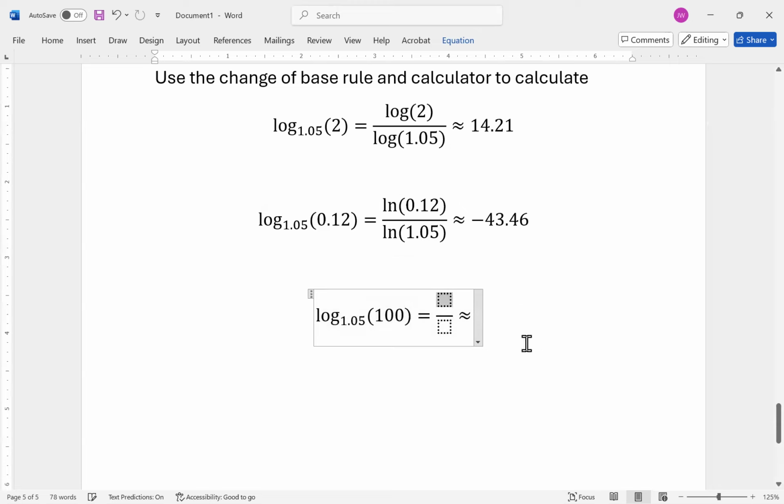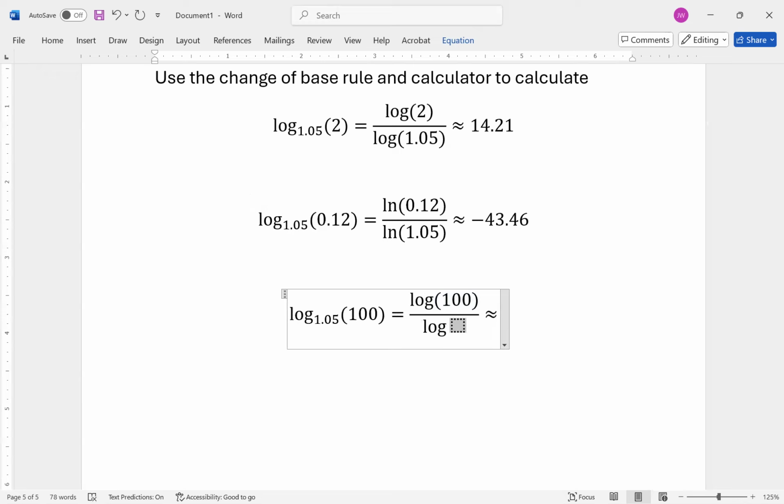And lastly, log base 1.05 of 100. I could either take log base 10 of 100 and divide it by log base 10 of 1.05, or I could take natural log of 100 divided by natural log of 1.05.